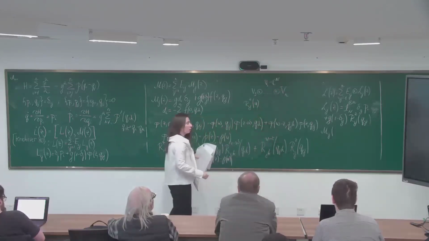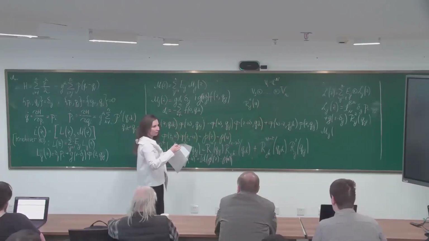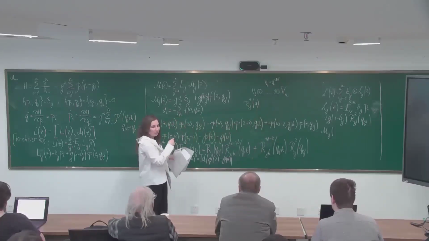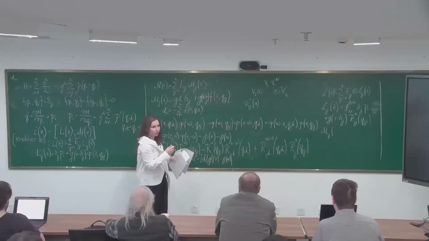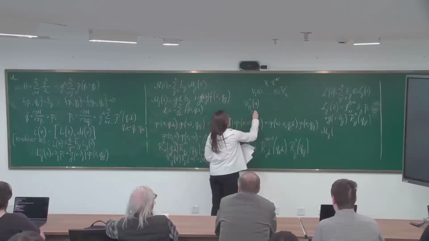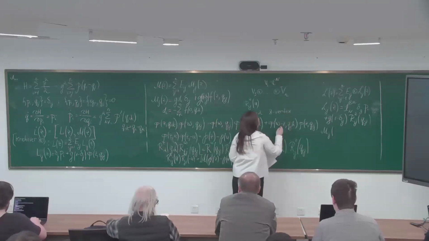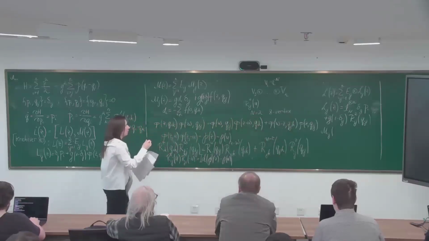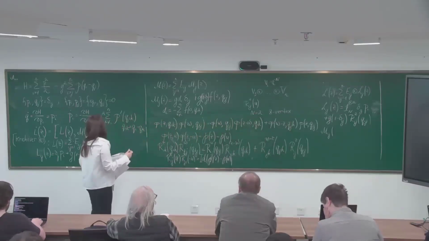What's the relation between N capital and n small? N capital is the dimension of these R matrices. So in the case N equals 2, it's the eight-vertex R matrix. So this N capital is the dimension of this R matrix, and n small is the number of particles.